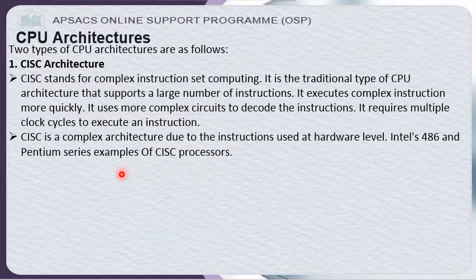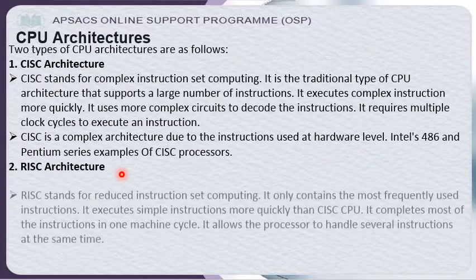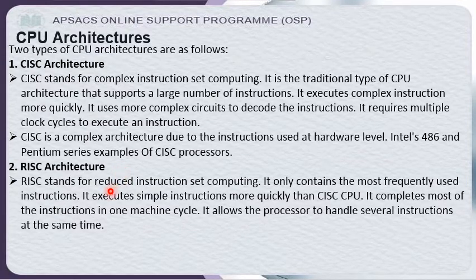What is RISC? RISC stands for Reduced Instruction Set Computing. As its name shows, reduced instruction, as against CISC, complex instruction set computing. It only contains the most frequently used instructions.